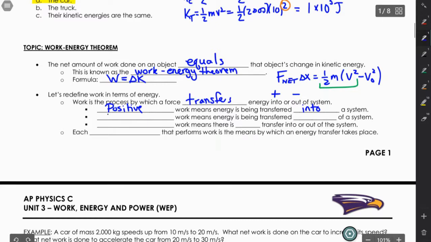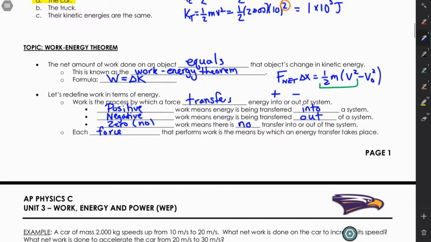If I do negative work, that means I'm transferring energy out of a system, so I'm removing it. And if there's zero work, or no work done, there's simply no energy transfer between the two. So just remember that each force acting on an object will perform work and is the means by which energy is transferred.